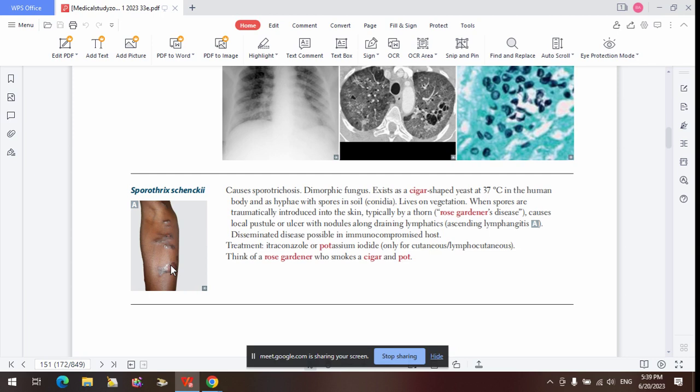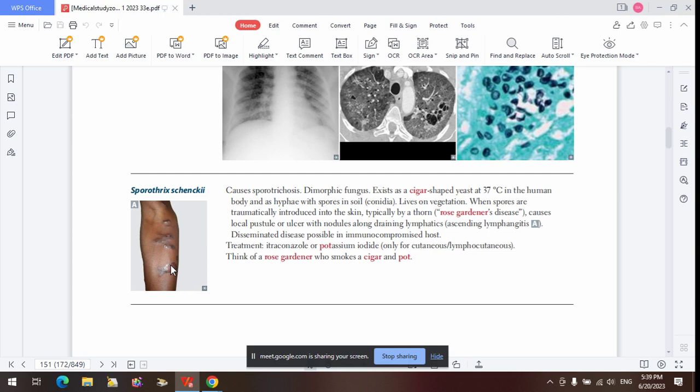It can spread to other areas along the lymphatics, so it will follow the course of the lymphatics and affect the overlying skin. We call that the lymphocutaneous form.